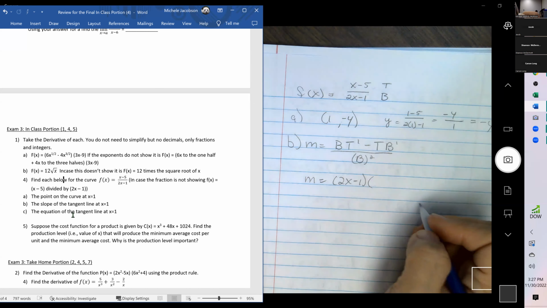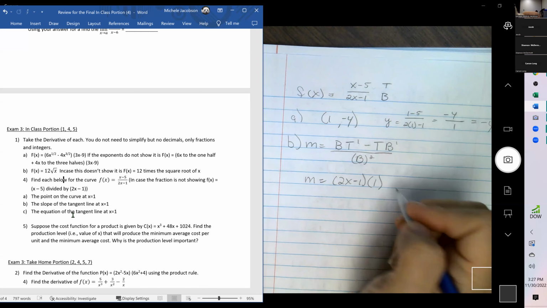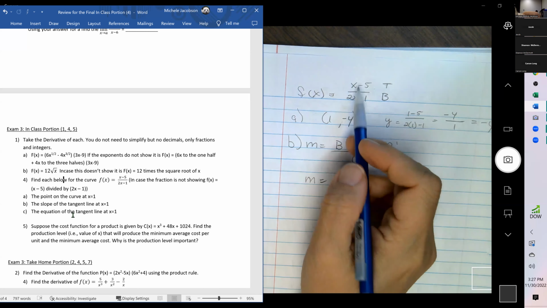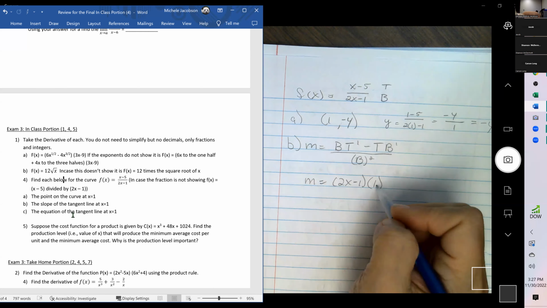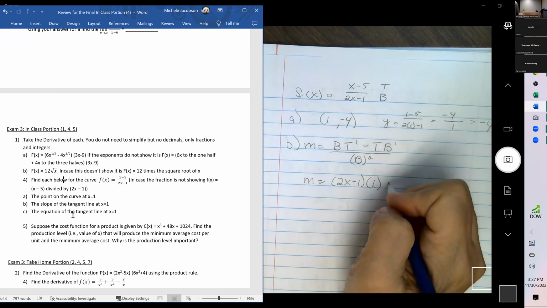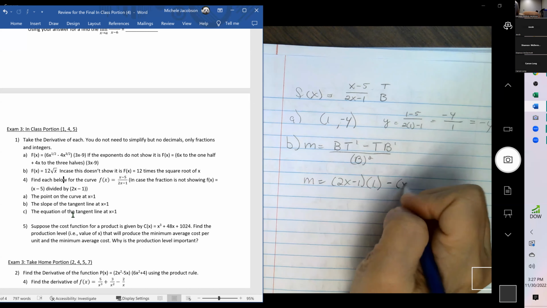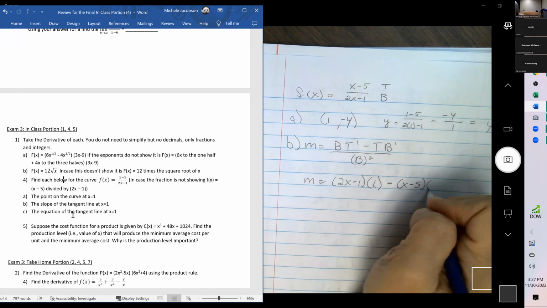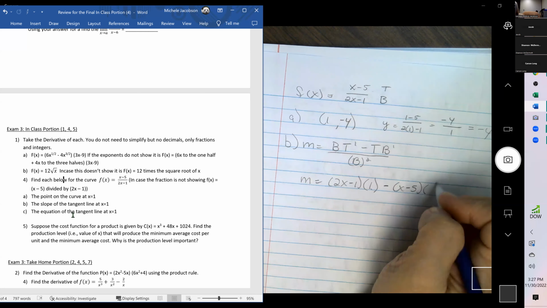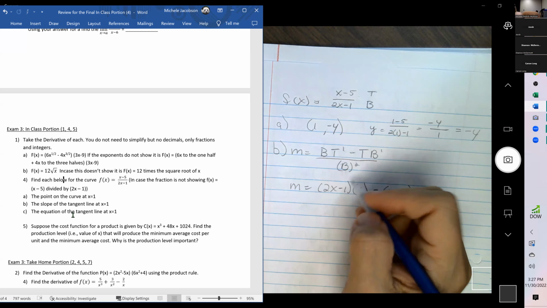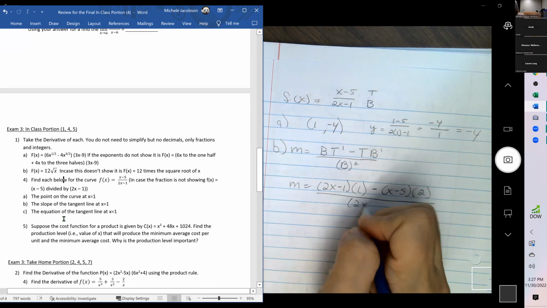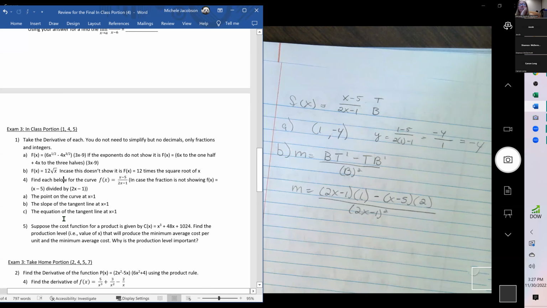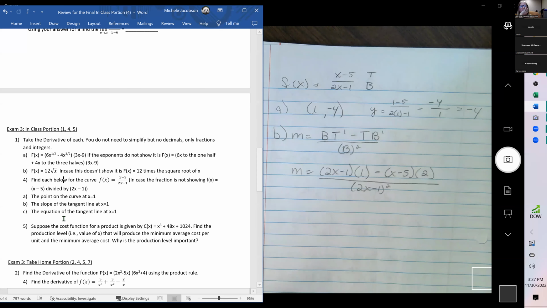Derivative of the top is just 1. 1 times 1 is 1, x to the 0 drops and just leaves that 1. Minus the top times the derivative of the bottom, which is just 2, all over 2x minus 1 squared. That would be the slope of the tangent line.